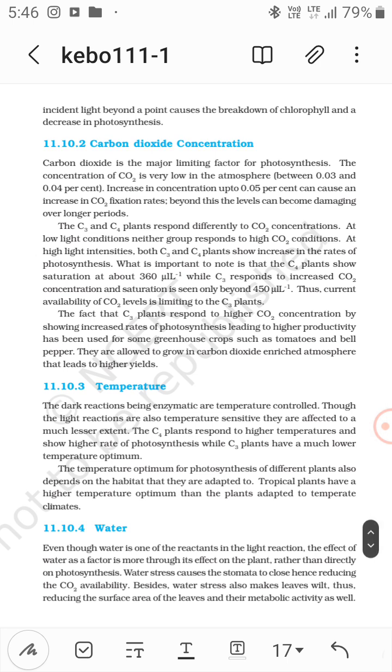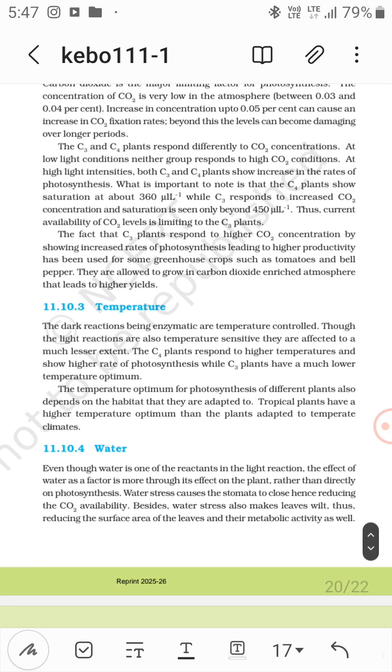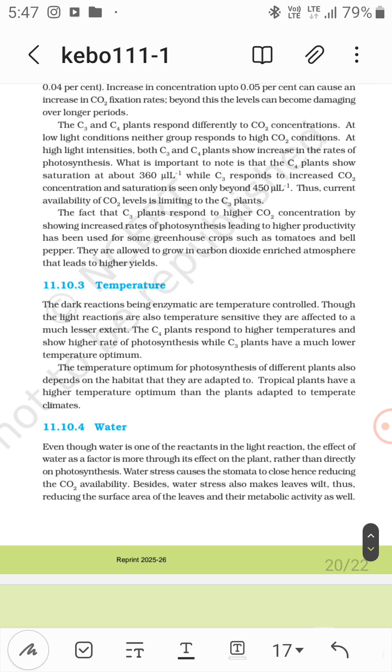An increase to 0.05% can cause an increase in CO2 fixation rates. Tomatoes and bell pepper are C3 plants.